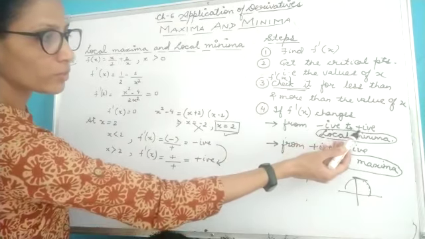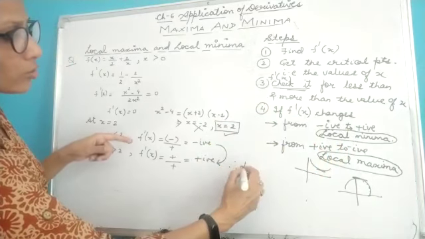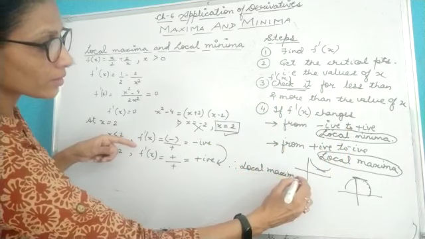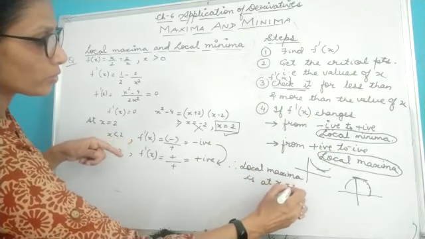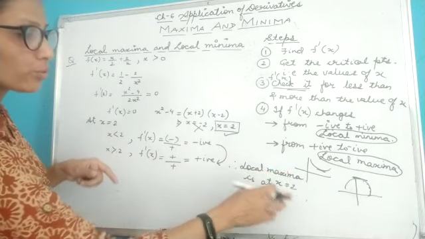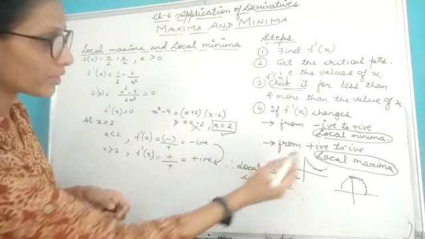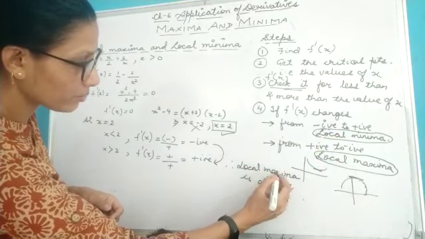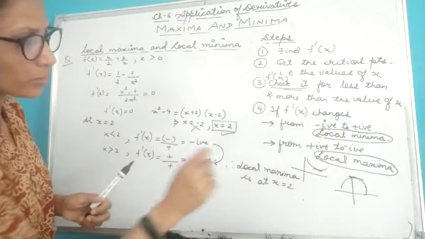Whenever it moves from negative to positive, you will get a local maxima. Therefore, local maxima is at x equal to 2. Sorry, when it is negative to positive, it is minima. Make it minimum. Negative to positive gives you a minimum.